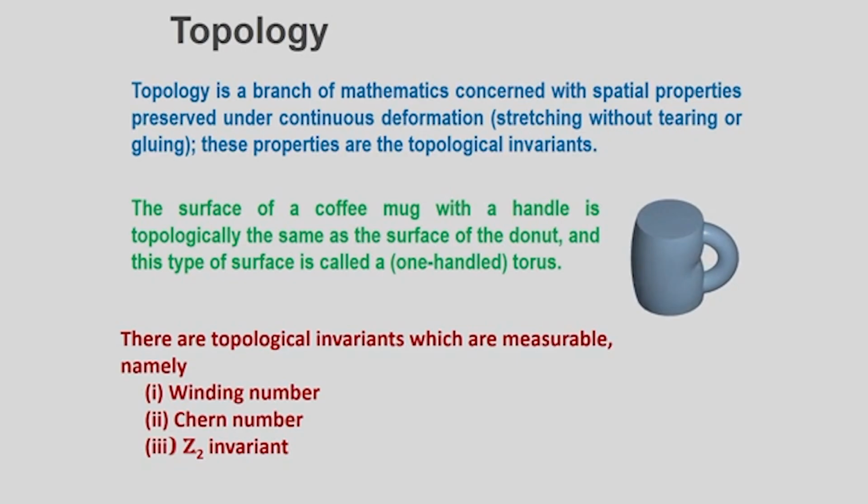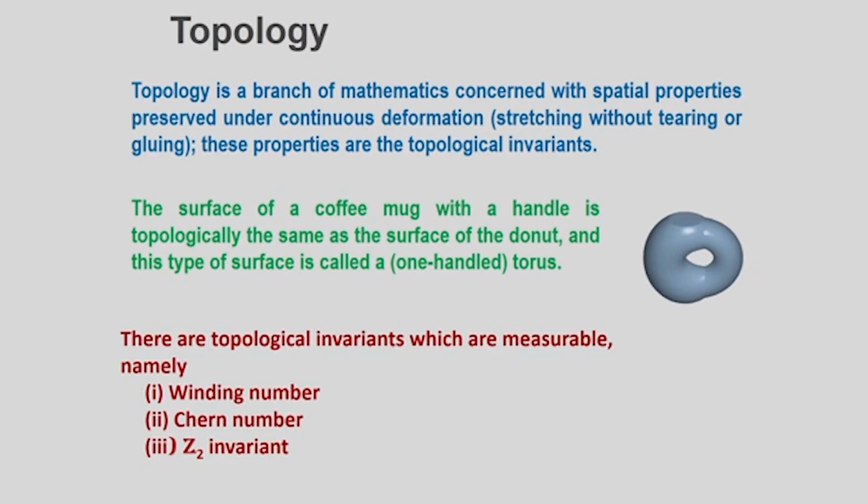Especially with the 2016 Nobel Prize that we mentioned earlier to Haldane, Kosterlitz, and Thouless, this study has become much more prominent, and its applications to the condensed matter community have been in focus for quite some time now.